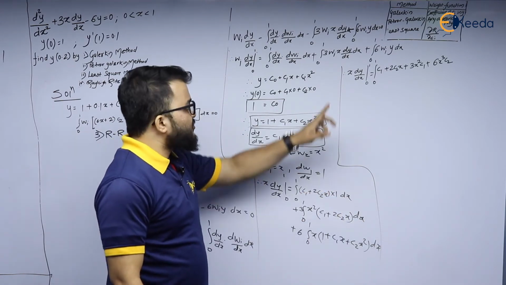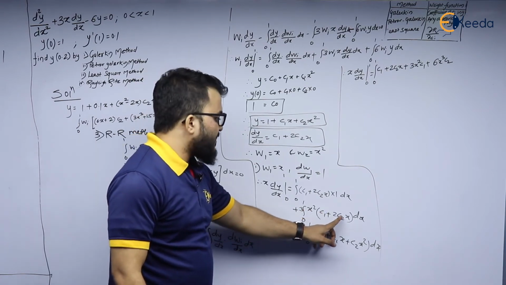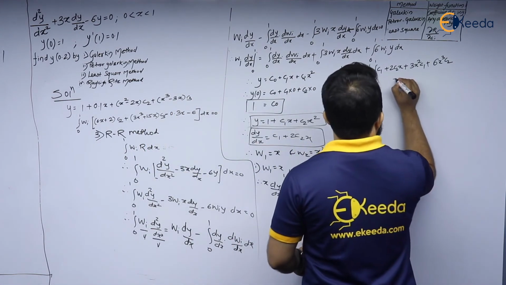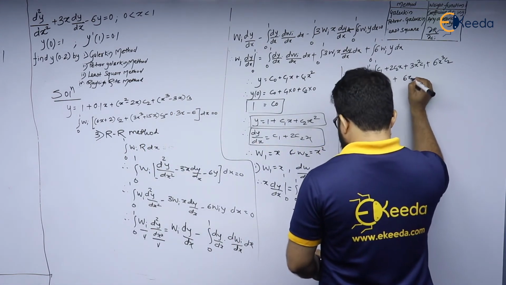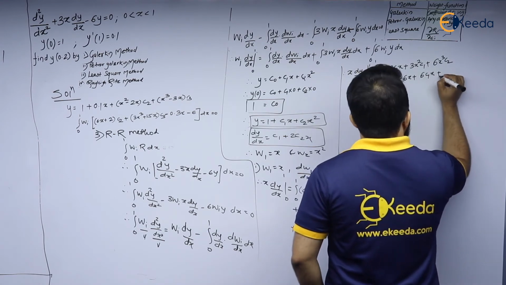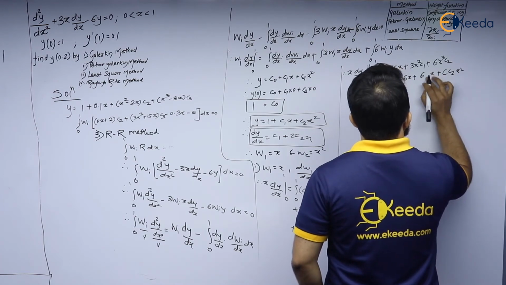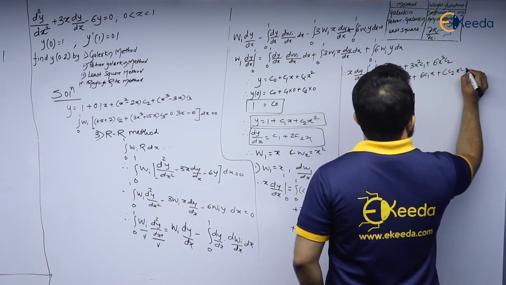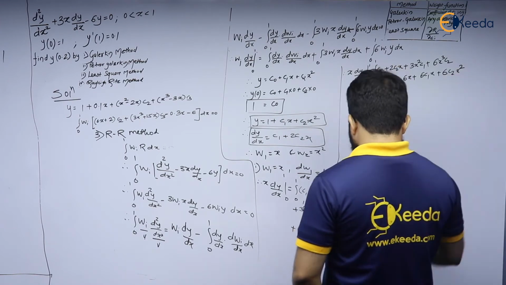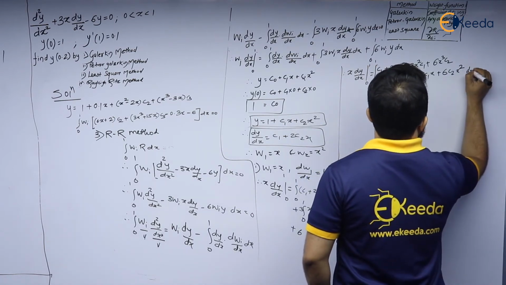So C1 plus 2C2x is over. Now 3x square multiplied by C1 and by 2C2x becomes 6x cube. The third term will be plus 6C1x plus 6C2x square plus 6x, and this is my dx.